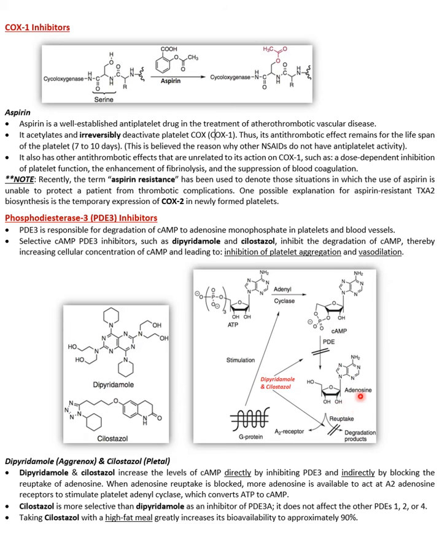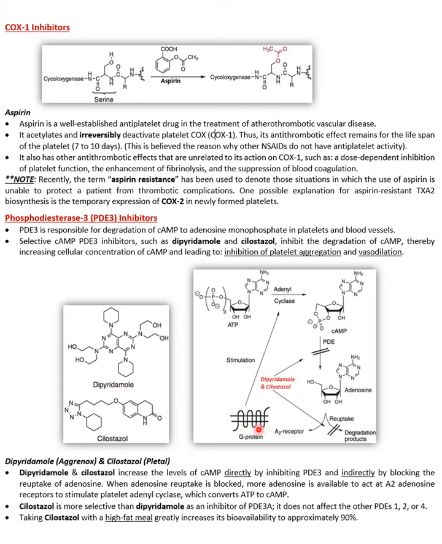So here is the adenosine, and these two compounds block the reuptake of adenosine. When this adenosine is blocked, it's more available to act on a G protein coupled receptor, but we won't worry about that now. So it binds to a receptor called the A2 receptor.